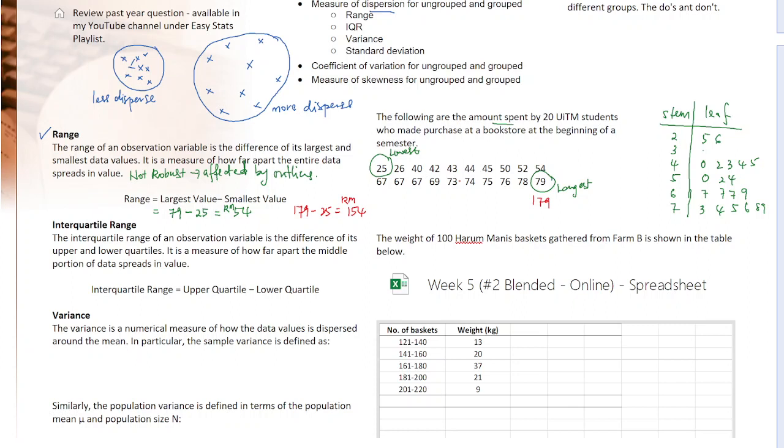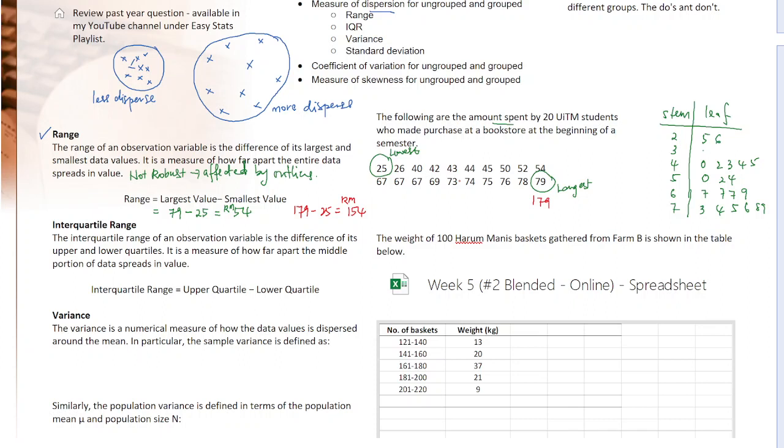And one more thing, when you want to make comparison using range, the data sets must be from the same unit. You cannot compare width with height, because they are in different units. So comparing groups using range is limited due to certain criteria.